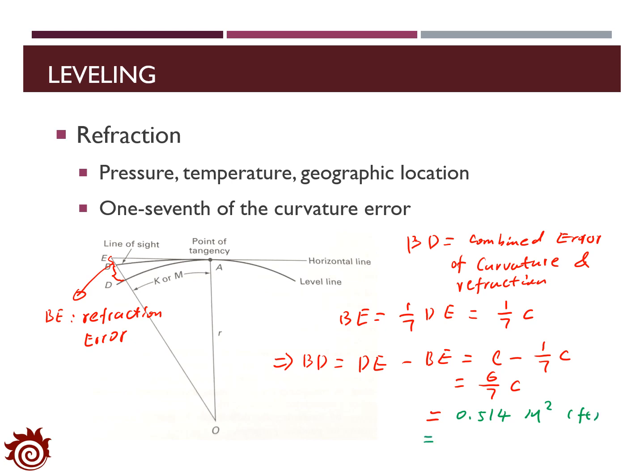It could also be 0.0675 K squared. The unit is meters if the distance from A to E is measured in kilometers. So that's the way for us to find out the combined error from the curvature and the refraction.